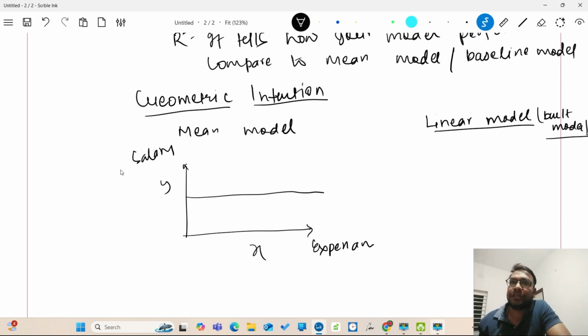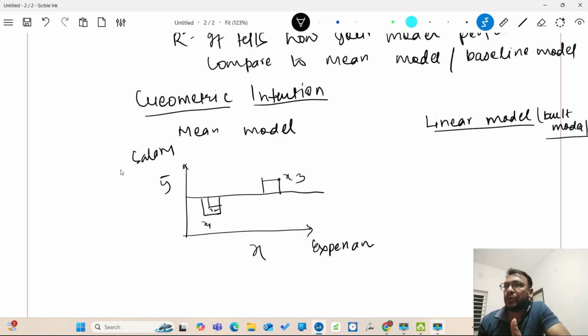Okay, so just for the example, y is the mean. I have created one box, another box, and one more box. These are the data points x1, x2, x3. So this is the mean model.